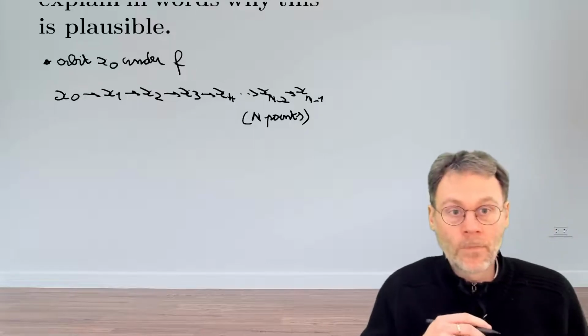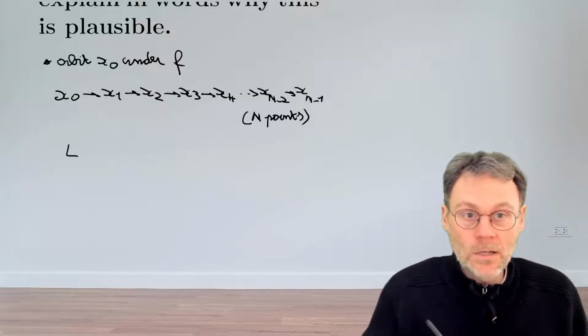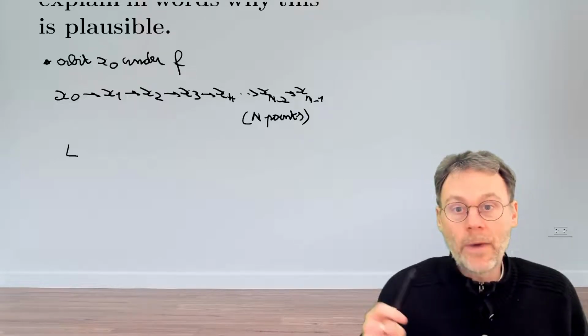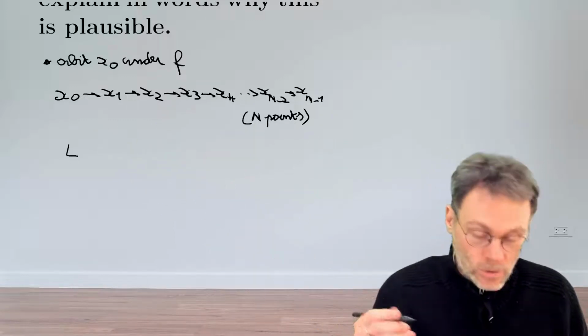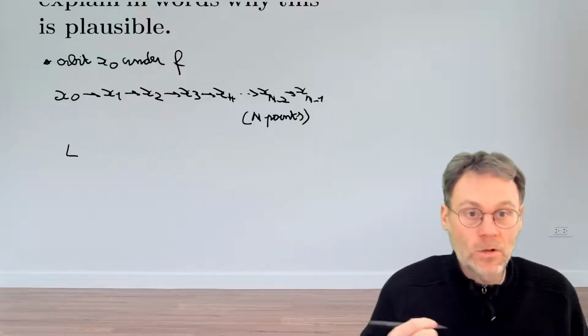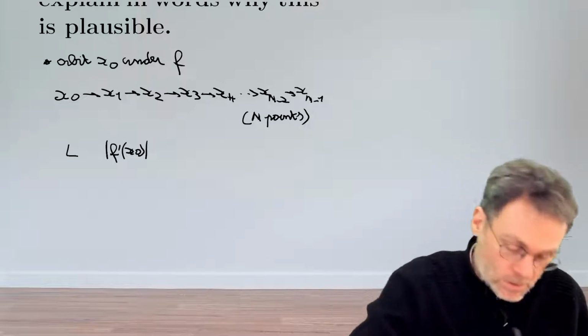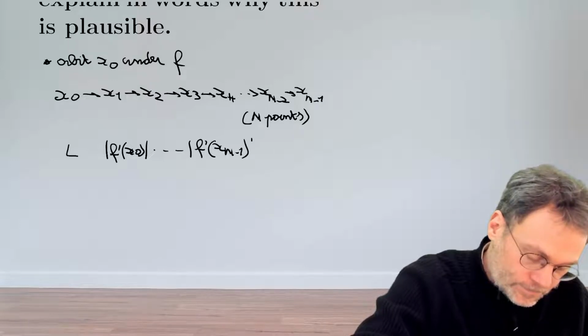To calculate the Lyapunov number, what we basically need to look at first is the geometrical average of the magnitude of the derivative of all of these points. So we're going to look at the geometrical average of, for example, f prime of x0 in magnitudes and so on, and then f prime of x n minus 1.